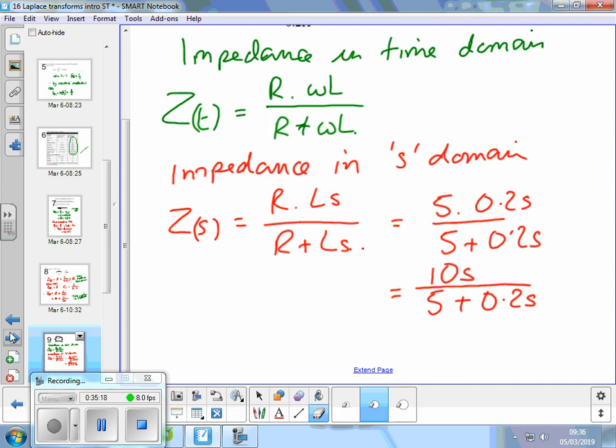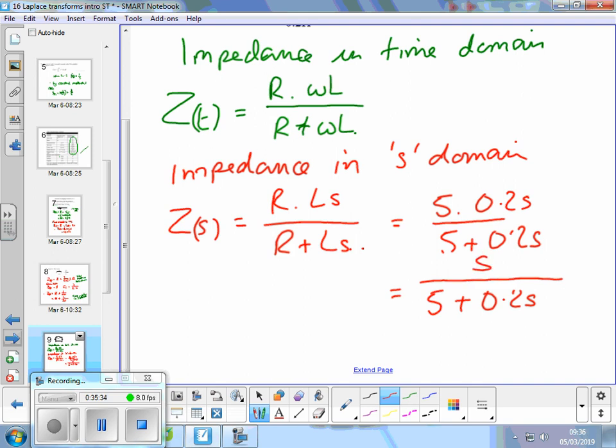So it's s over 5 plus 0.2s. You can only add those two terms together if they're both multiplied by s.